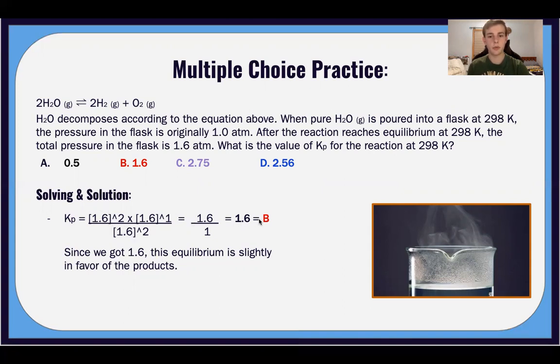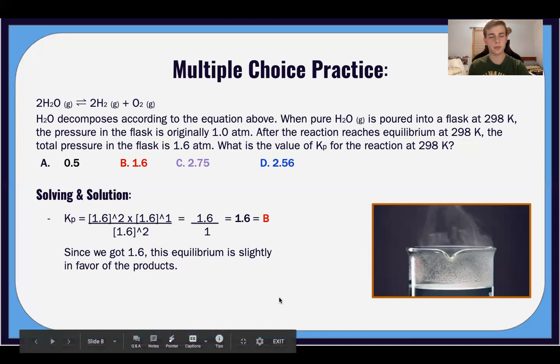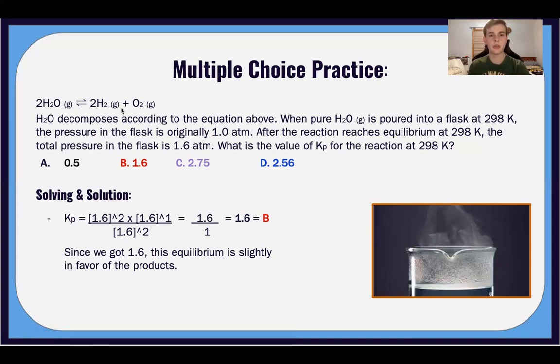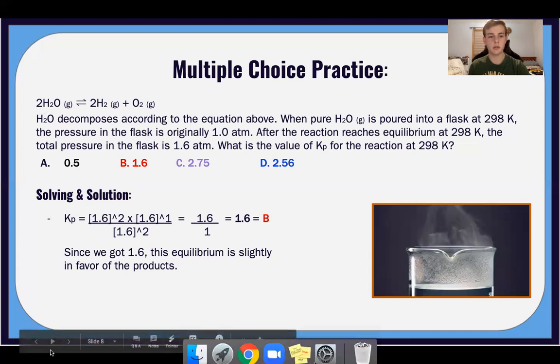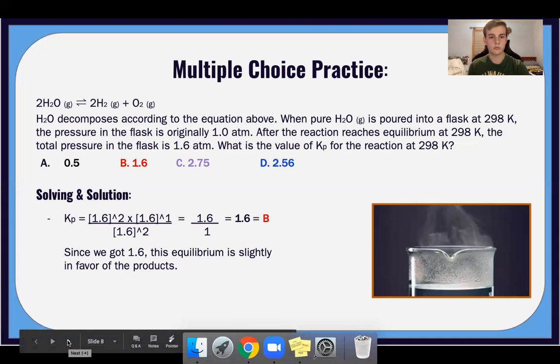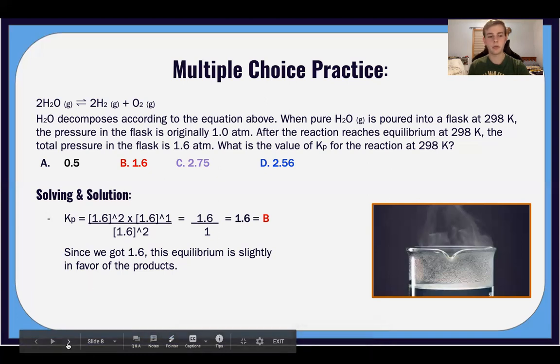And we just get 1.6, which is B here. Based on 1.6, this reaction is slightly in favor of the products, but just by a little bit. So there'll be a few more of the H2s and O2s running around than the H2Os at the end. But they'll still be switching back and forth in equilibrium with the forward and reverse reactions.